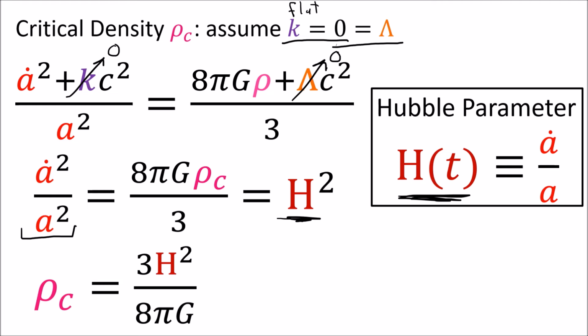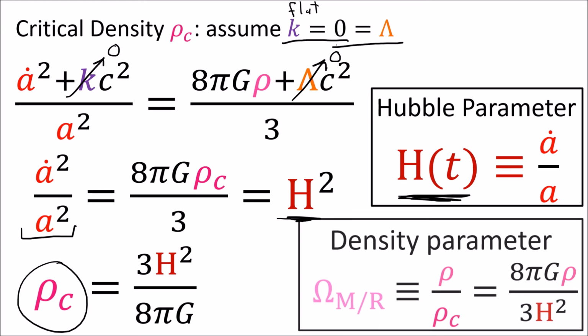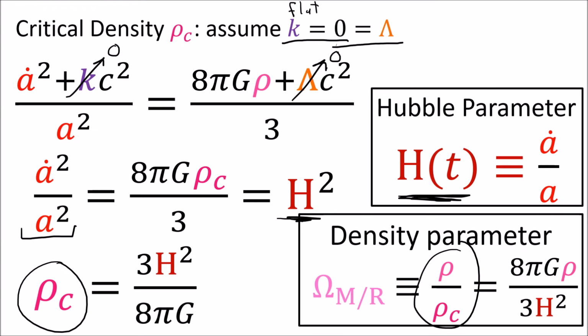Solving for the critical density, we get 3h² over 8 pi g. The corresponding density parameter rho over rho c equals this. We're going to see that the overall shape of the universe, being closed, flat, or open, will depend on how the actual density of the universe compares to this critical density quantity.